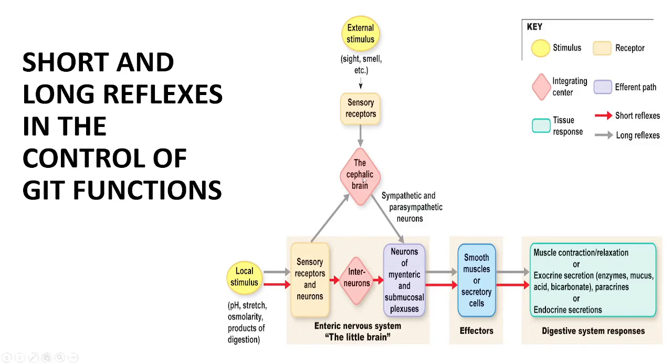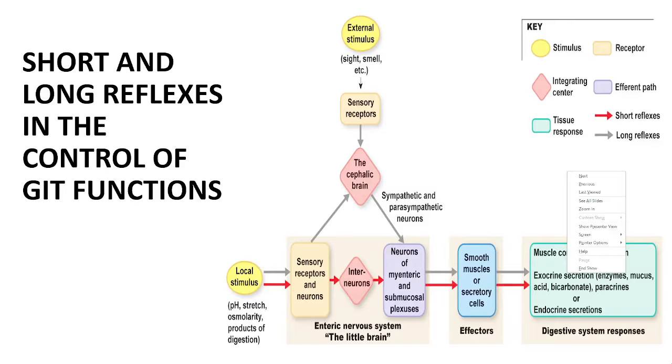So if the centers are in the cephalic brain, if the centers are in the medulla, for example, where the nucleus of vagus is, or in the spinal cord for sympathetic nervous system, or sacral segments of parasympathetic nervous system, then the reflexes are long. So they are gray arrows on the slide. So everything going outside the enteric nervous system.